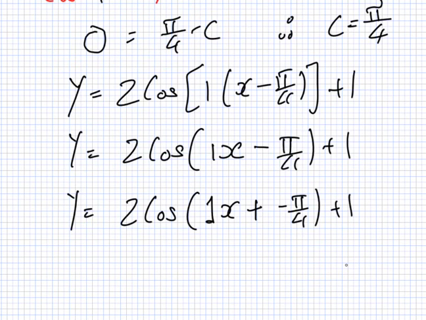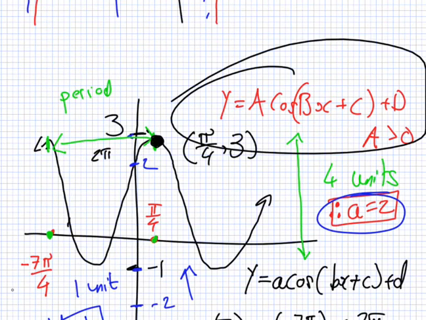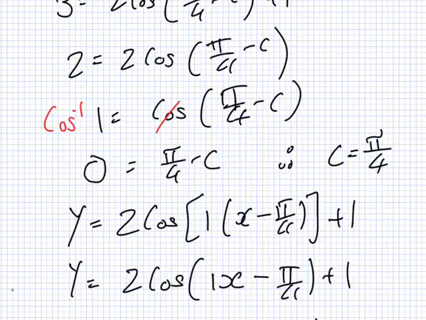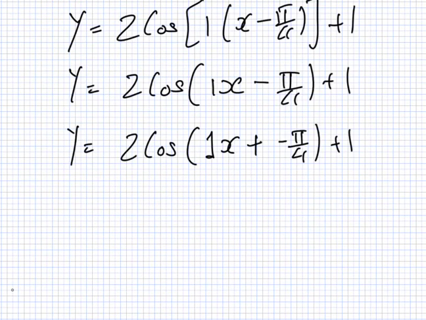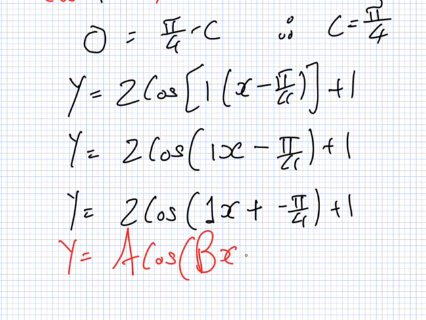Now why did I go to the trouble of doing that? Because in the question, if I go back to the start, I tell you that the answer is y equals a cos bx plus c plus d.